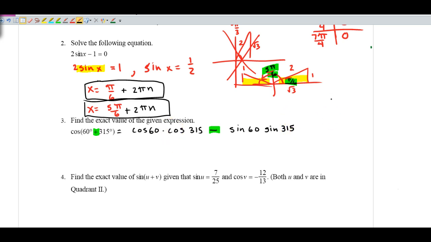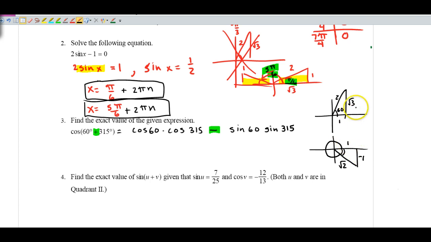So let's make a 60-degree angle here. That's my 60. And this is 1, 2, root 3. And let's make a 315-degree angle, which is right here. Now this is a 45, 45, 90 triangle. So this is 1, 1, square root of 2. So this is a negative 1 though, so I need to be careful.